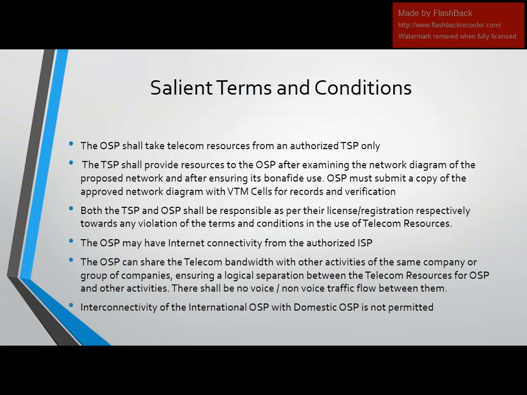Both the TSP and OSP shall be responsible as per their license or registration respectively towards any violation of the terms and conditions in the use of telecom resources. The OSP must have internet connectivity from an authorized ISP.